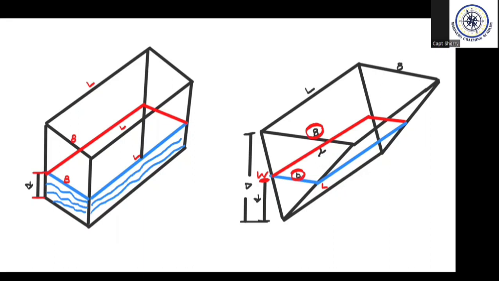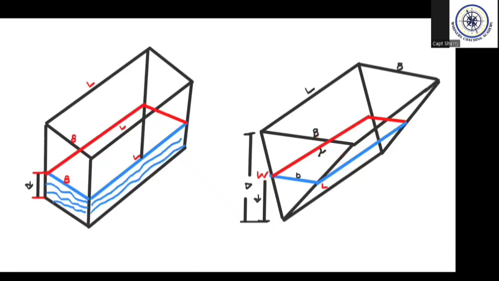And as you are going up, say if I want to draw a water plane area somewhere here, at this draft, what is going to happen? It will come like this. So obviously my area has increased. So my water plane area is actually changing with the draft.